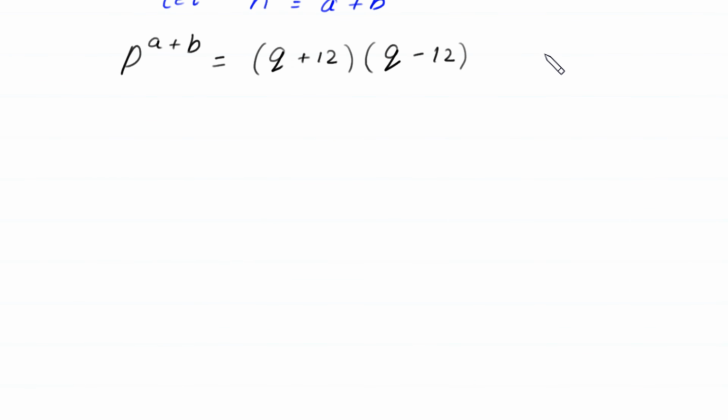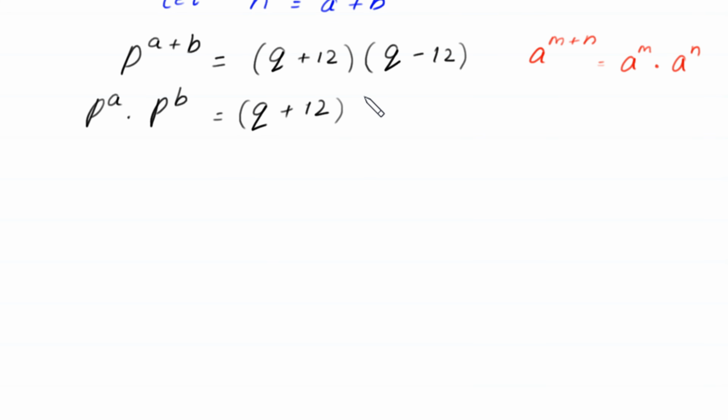Now by using this power rule, a to the power m plus n is equal to a to the power m times a to the power n, this p to the power a plus b will become p to the power a times p to the power b is equal to q plus 12 times q minus 12.